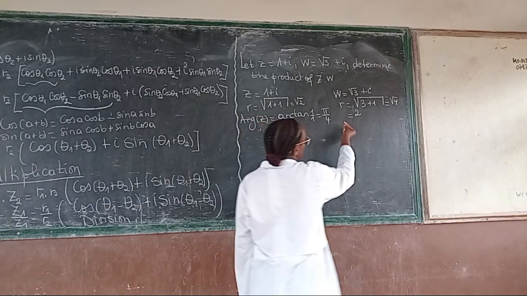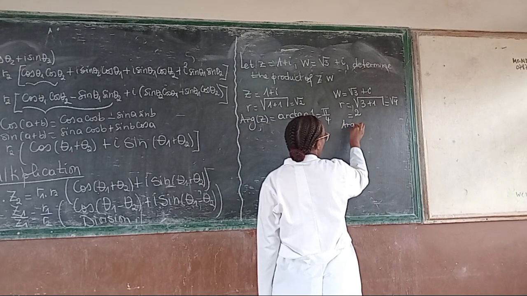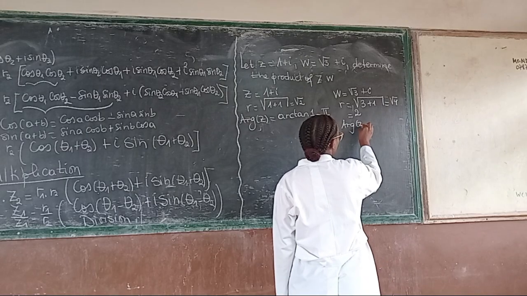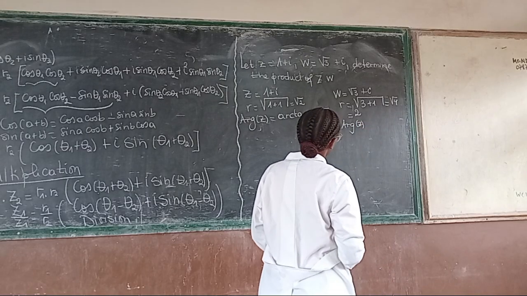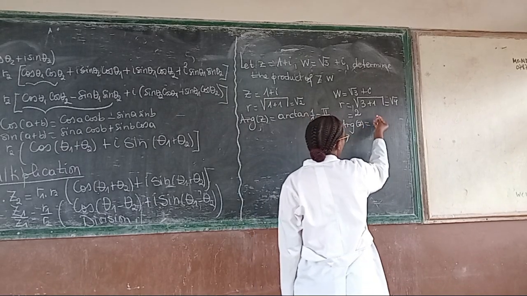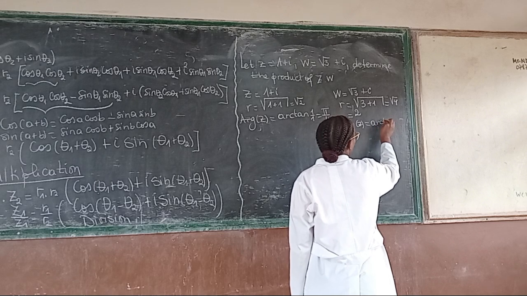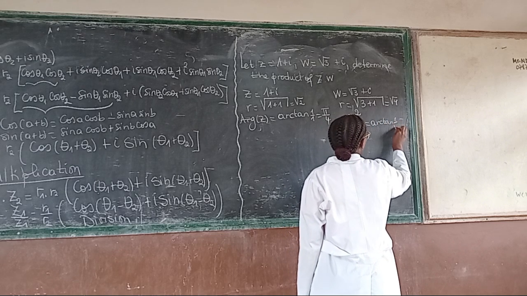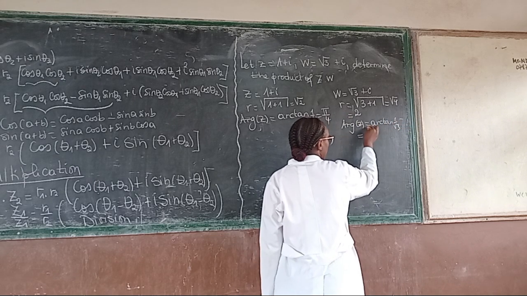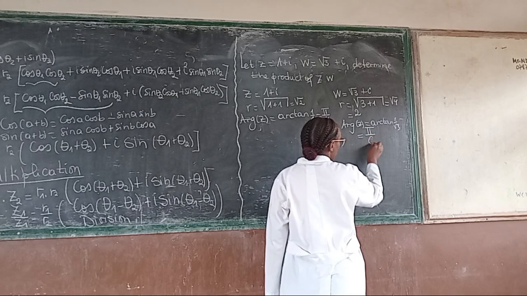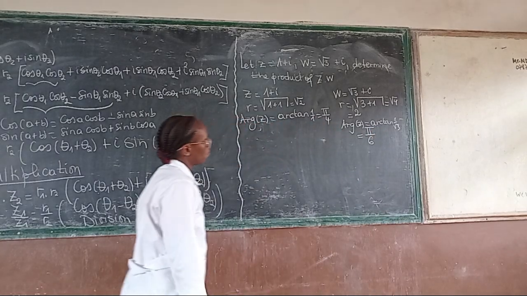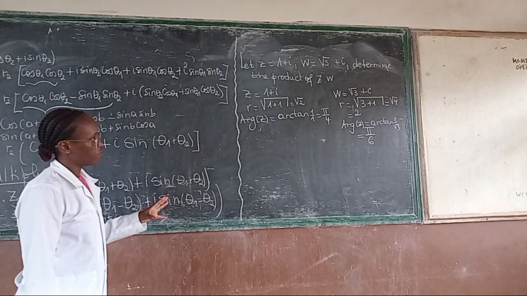So the argument of w, it is also located in the first quadrant. It is arctan of 1 over square root of 3, which will give us pi over 6. So we have the modulus, and we have the argument.